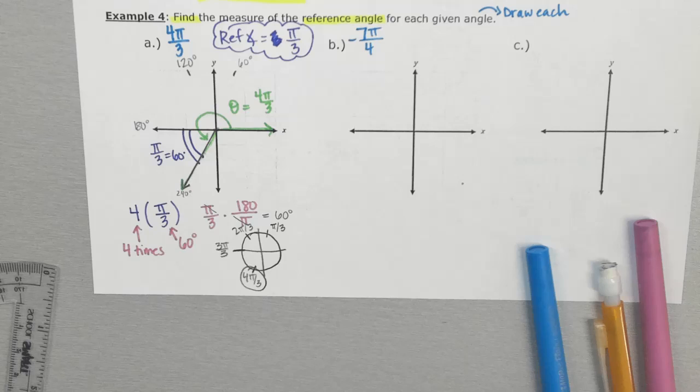Okay, so when you split it up, you have -7 multiplied by what? When you split this up, you have -7 multiplied by pi over 4.